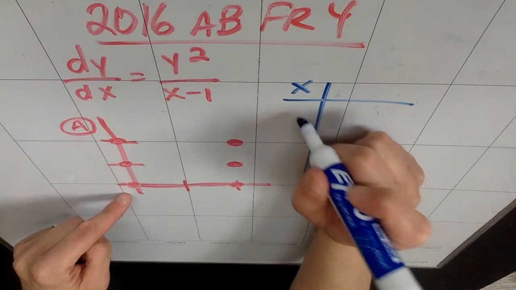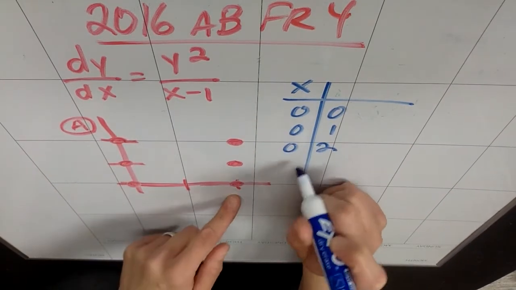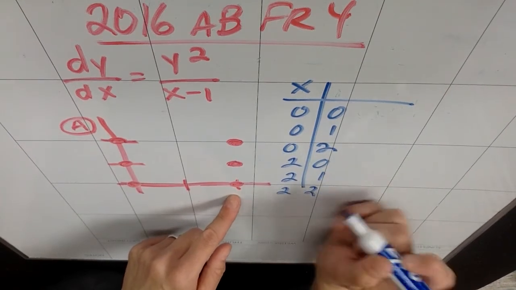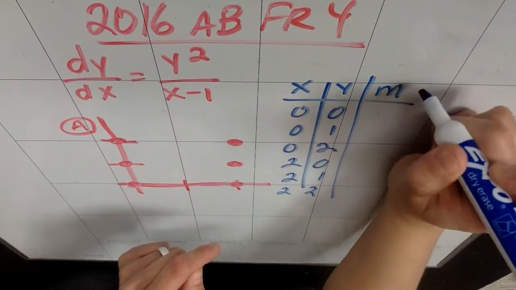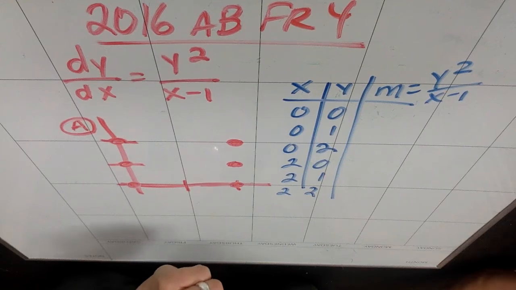So the 6 points indicated are (0, 0), (0, 1), (0, 2), (2, 0), (2, 1), (2, 2). And the slope is y squared on top of the quantity x minus 1.